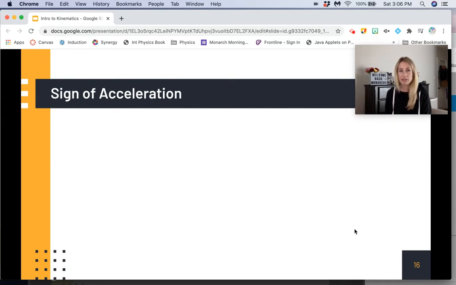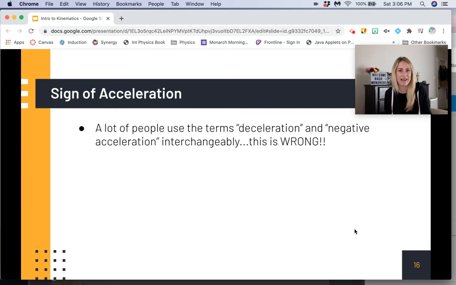The sign of acceleration is usually something that people mess up a lot, because in the common English we use in our everyday lives, a lot of people use the terms deceleration and negative acceleration interchangeably. Like you think about something decelerating, it's slowing down, and people like to say that's a negative acceleration.